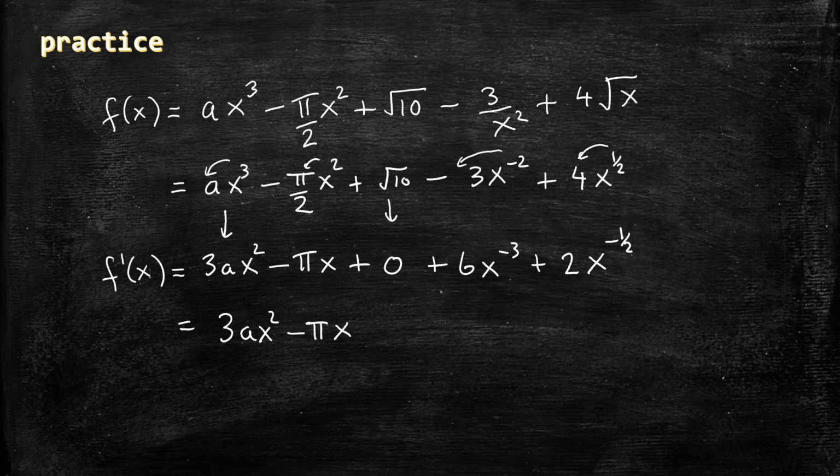So I have 6x to the minus 3 here, but if I get rid of the negative exponents, I would rewrite that as 6 over x cubed, because I started by giving you negative 3 over x squared. And similarly for the radical, I have 2x to the minus half. That's 1 over x to the half, and x to the half is a radical, so I end up with 2 over radical x.